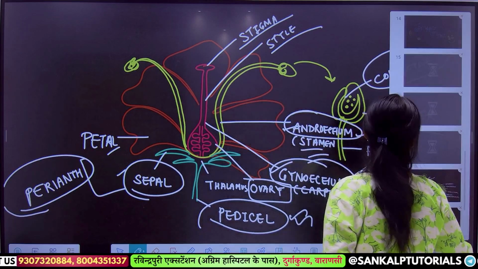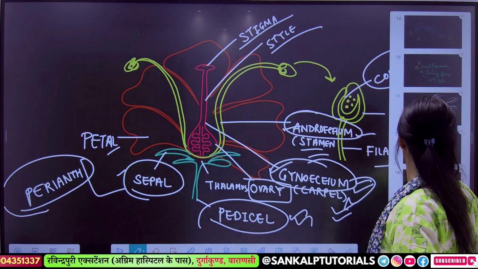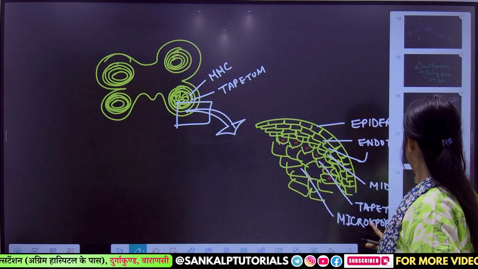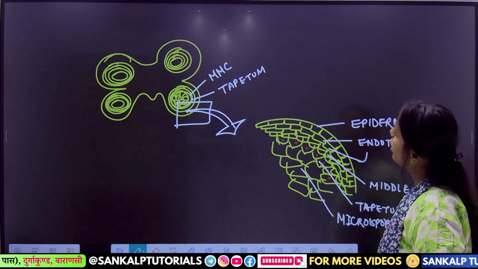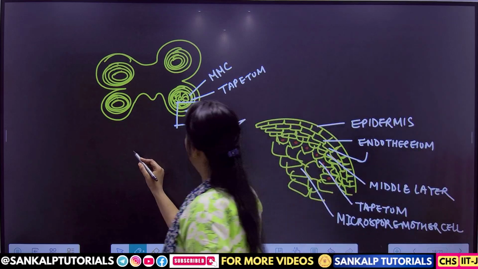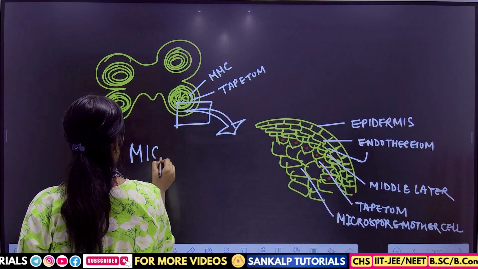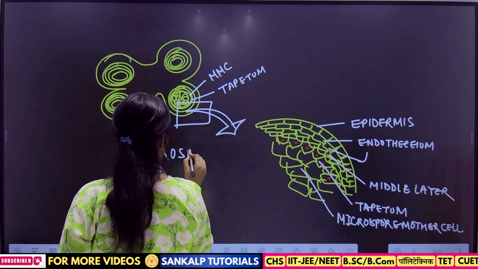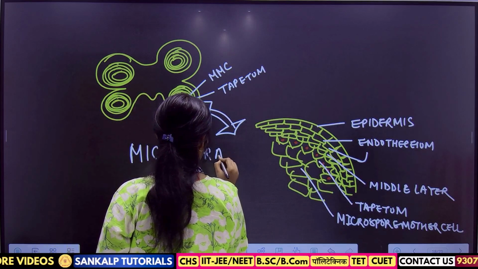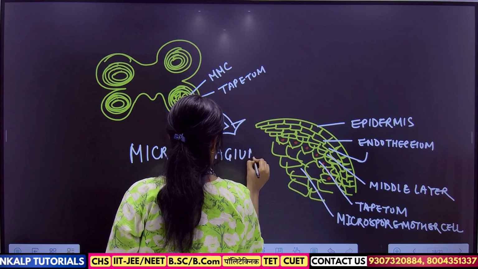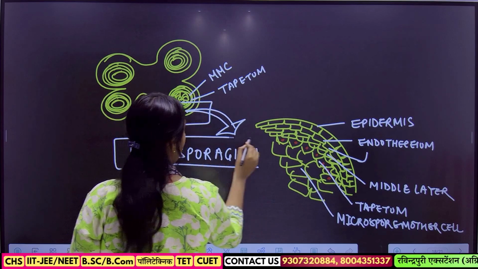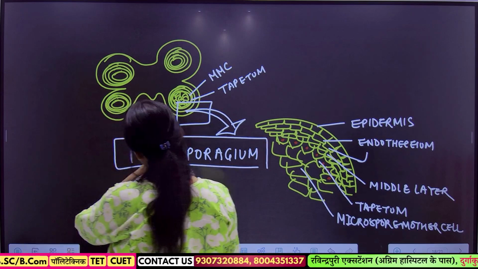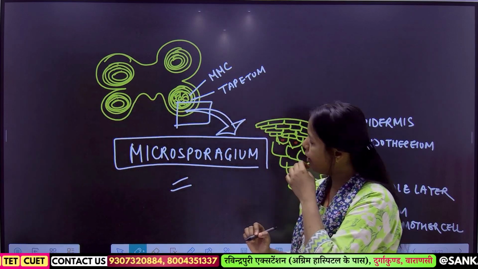After that, the male reproductive organ in the flower, that is the microsporangium.